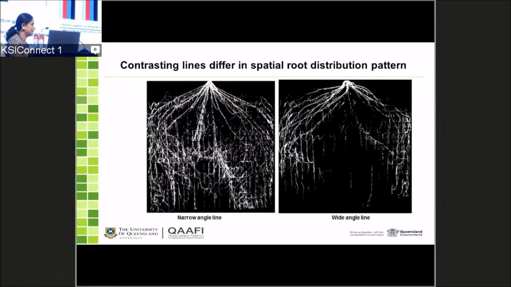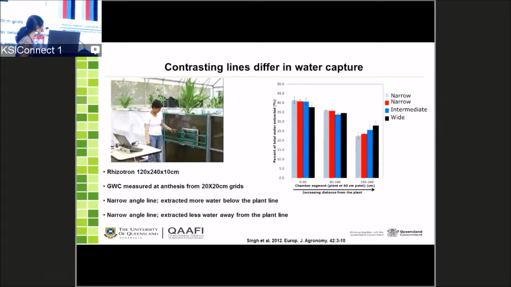The next experiment was conducted in the same large rhizotrons, and gravimetric water content was measured at anthesis from a 20 by 20 centimeter grid. The whole chamber was divided into 3 sections.